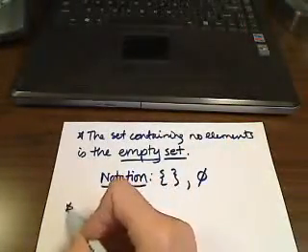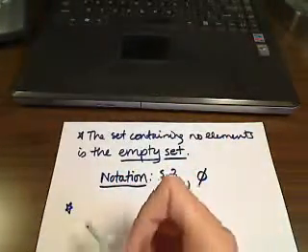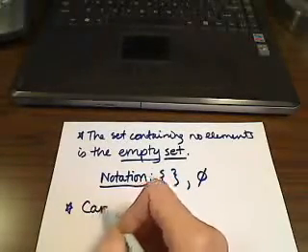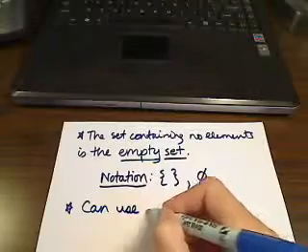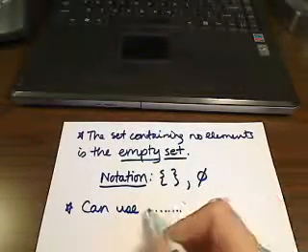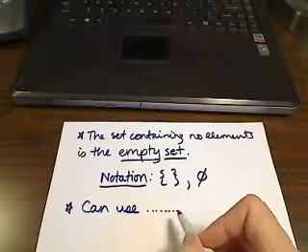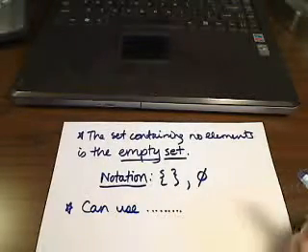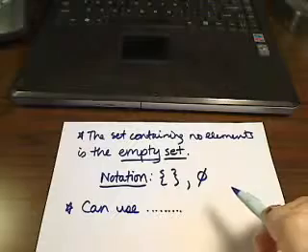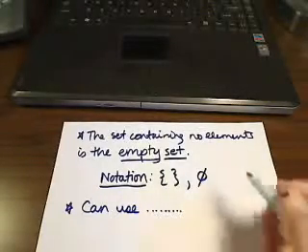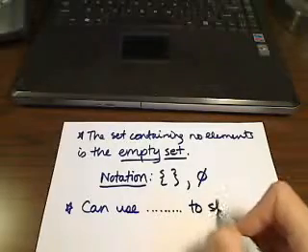Another thing that we often do when we're working with sets is we use this notation right here. And I know you've seen it before. I can't remember what it's called, but it's this dot, dot, dot. We can use this dot, dot, dot to either show the continuation of a pattern or to show that a particular pattern goes off towards infinity.